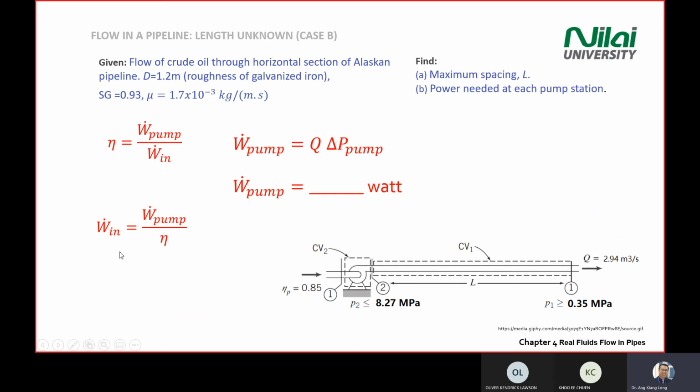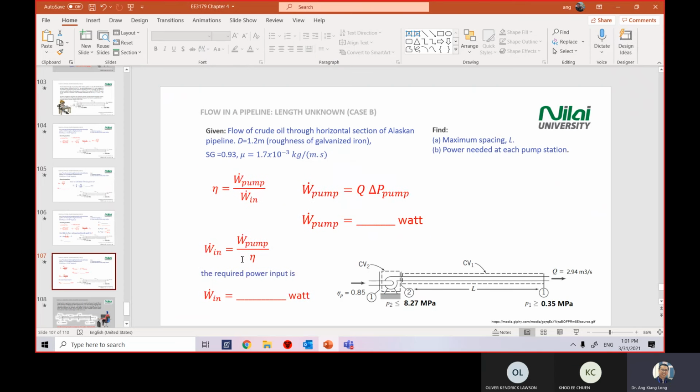So from here, your pump in, which is your supply power, equal to your pump. Sorry, I think something is wrong with my equation. Okay, my equation is wrong. It should be this one.